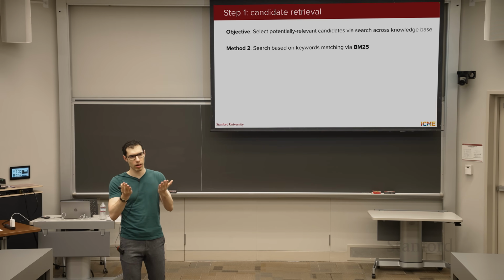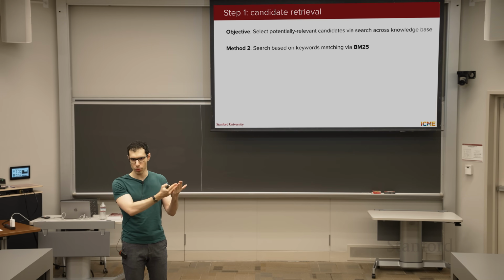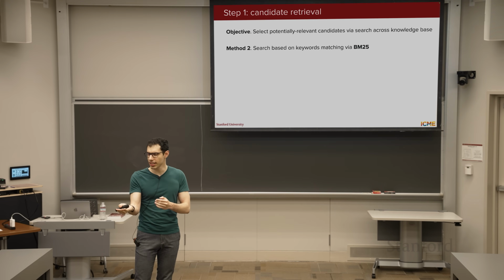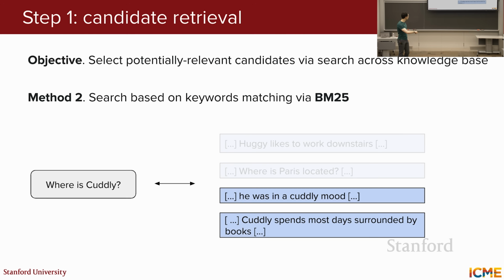It is based on some function of the overlap between what is in your query and what is in your document. And that one is quite handy for cases where you absolutely want to have documents that contain keywords of this query.